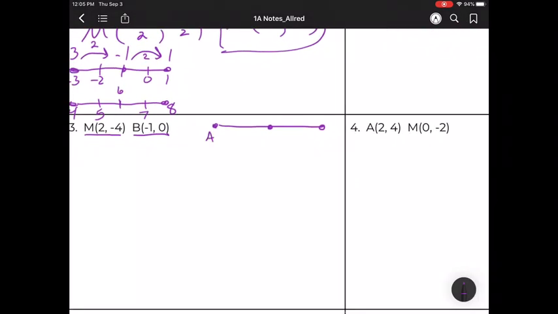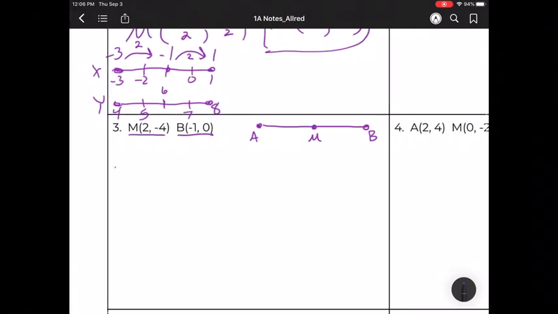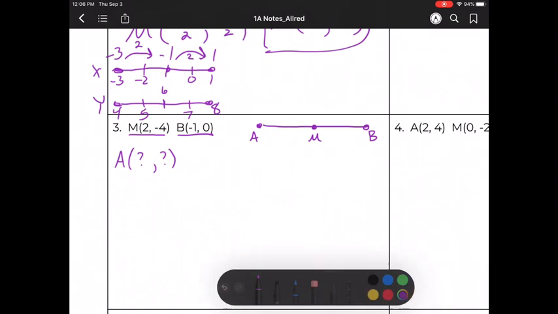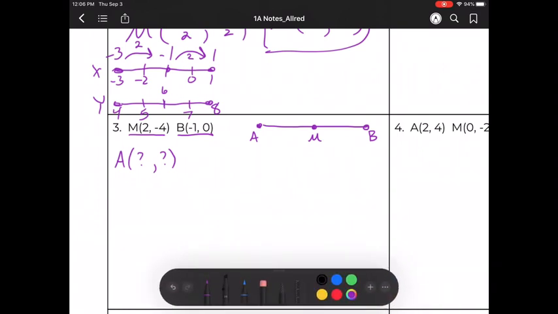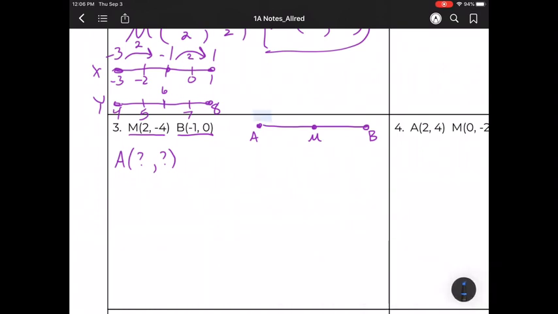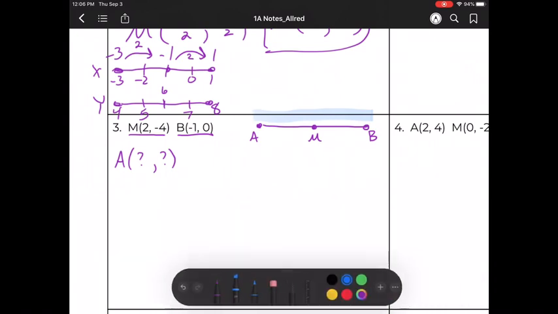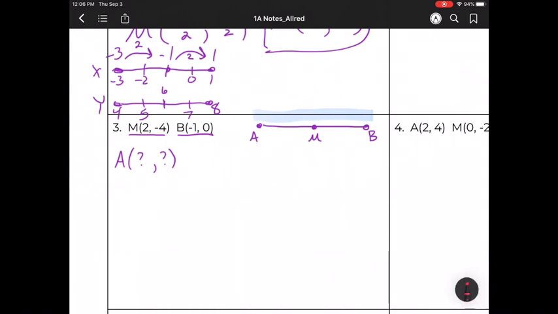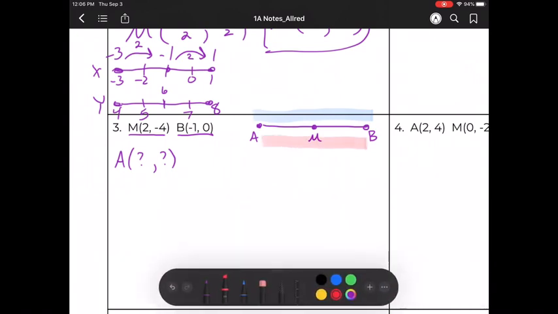So this is A, this is B, and this is M. So I'm going to show you a little technique for finding the missing endpoint this time using your number line. Okay? The top of your number line, I'll even highlight it for you. The top are going to be x values. The bottom are going to be y values.